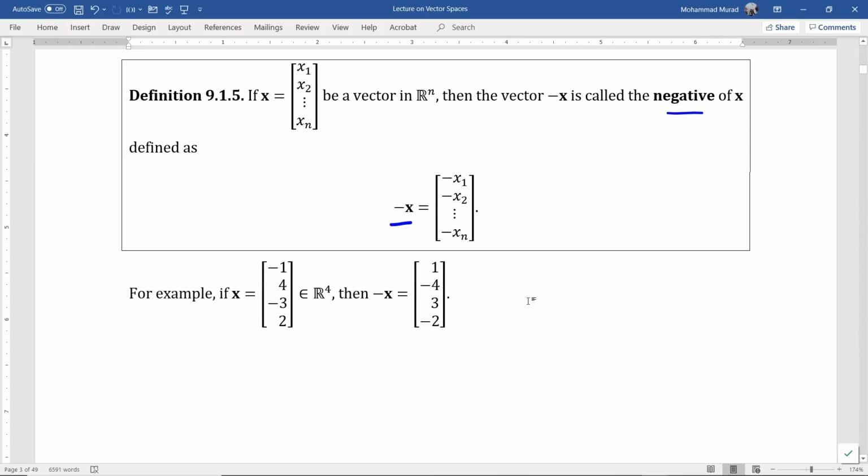For example, if x is a vector with components -1, 4, 3, 2 in our R4 set, then the negative x has components +1, -4, +3, and -2. Clearly, this vector is also in the set R4.